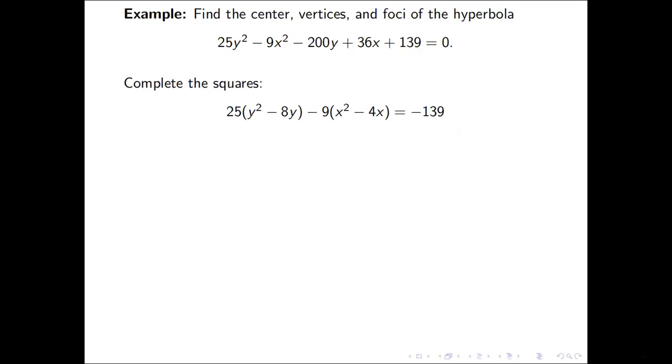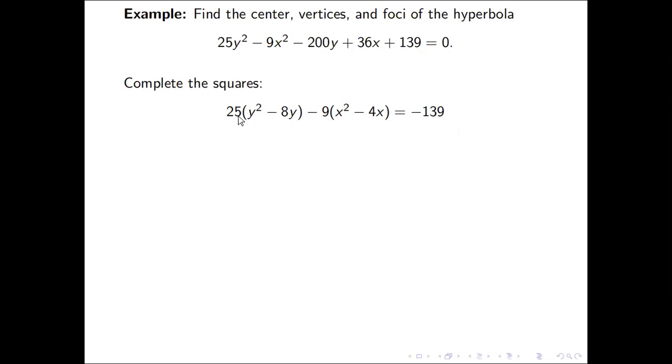Same thing as with ellipses, except that instead of having a plus, you'll be having a minus in the process. So we factor out 25 for the coefficient of y squared and -9 for the coefficient of x squared. We group the x's together, the y's together, and the constant to the other side. That's what we also did for ellipses. So we will be having this one.